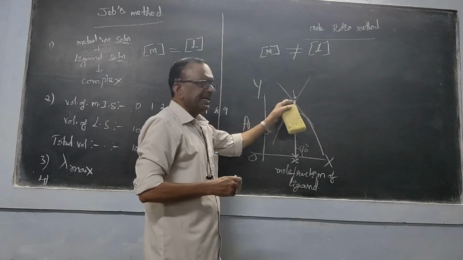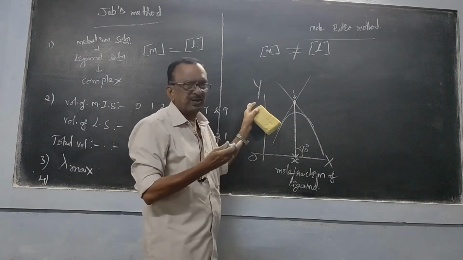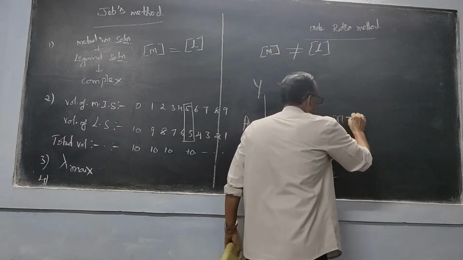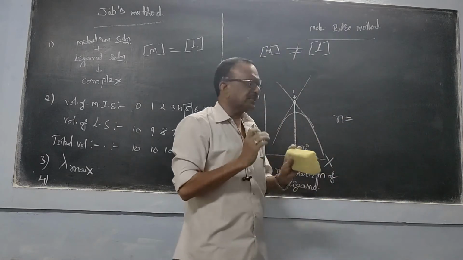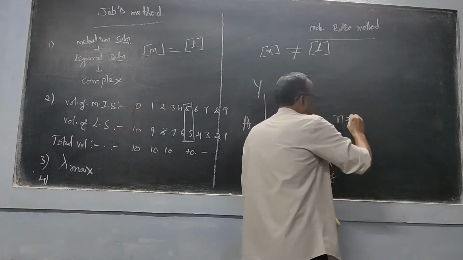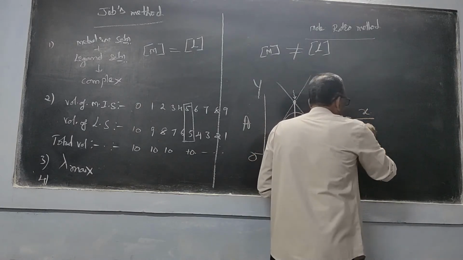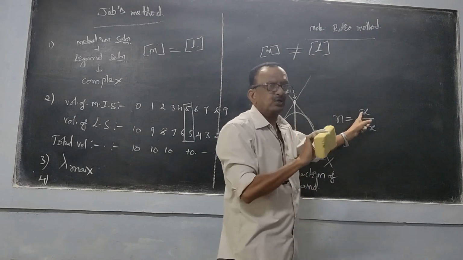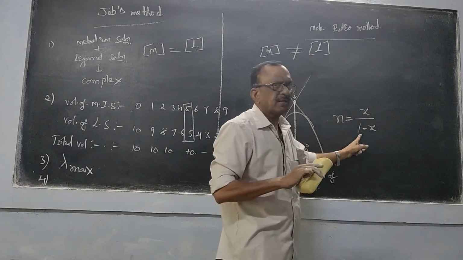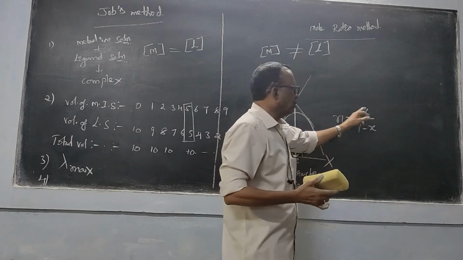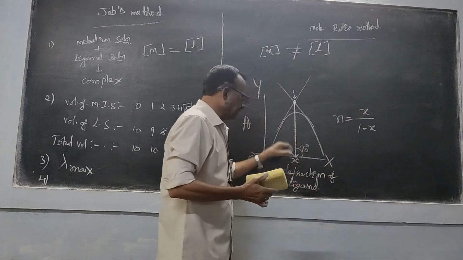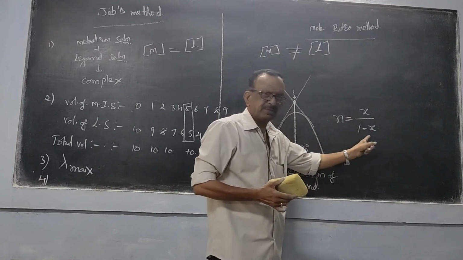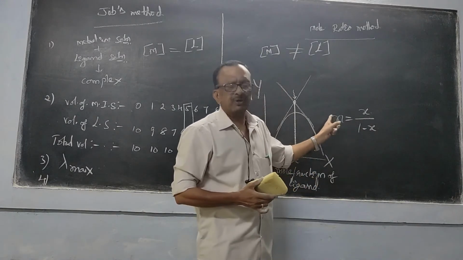So here we don't need the absorbance value, we want this X. Already we have learned that N, the number of ligands, is found by N equals X by 1 minus X, that is, the mole fraction of the ligand solution divided by the mole fraction of the metal ion solution. So now we got the X value from this graph, then 1 minus X, and then you will find the N value.